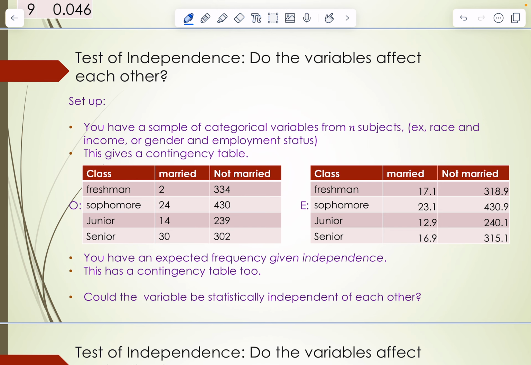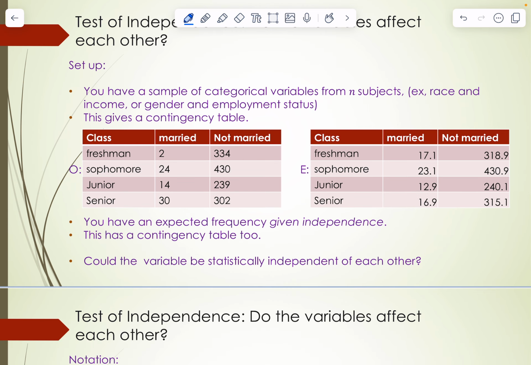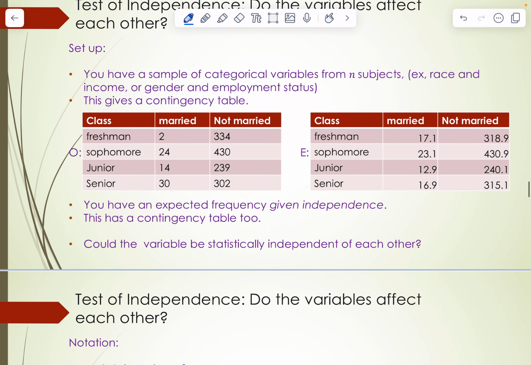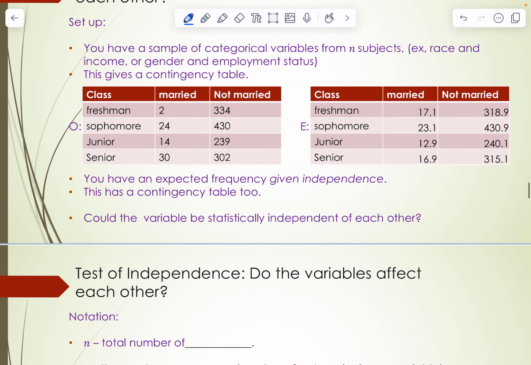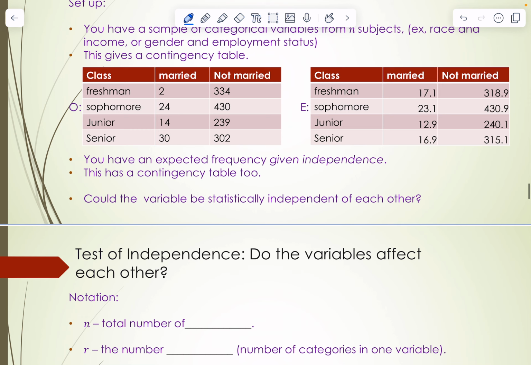Then you can test to see if one of the variables has an effect on the other. Is a particular race likely to have a higher income? That means it affects it. It's not independent, so there's a dependency there. The question is, could the variables be statistically independent of each other?